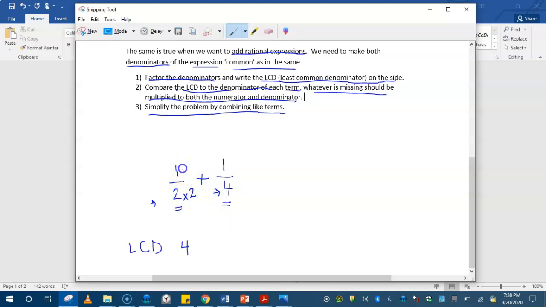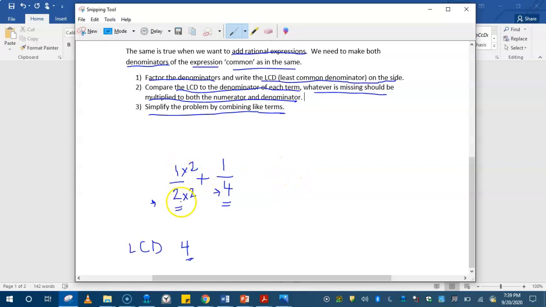And remember, with fractions, whatever we do to the denominator, we have to do to the numerator and vice versa. Because if I multiply by 2, that's going to give me a 4, my LCD. Same over here. If I look at this other fraction, I'm good to go. I don't have to change it because it's already a 4. So I would change just the first fraction by multiplying the top and bottom by 2.